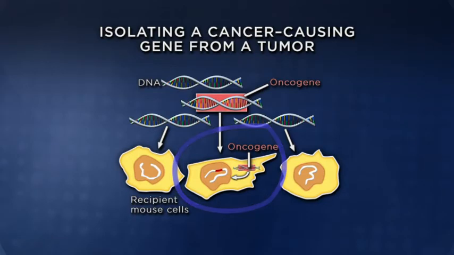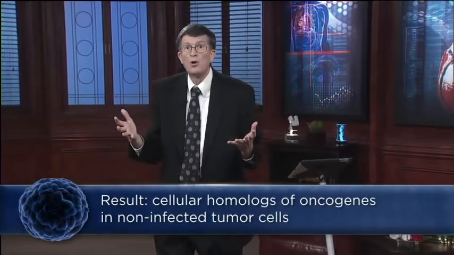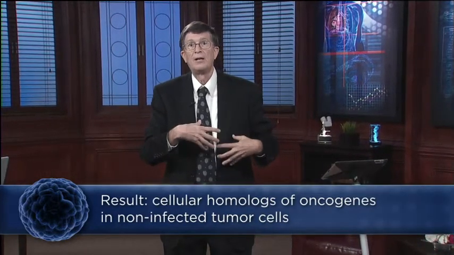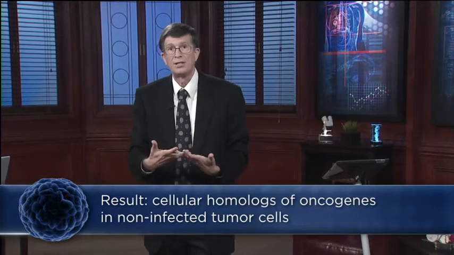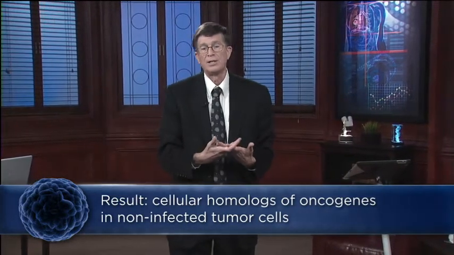Piece number 2, etc. And when people did this, they actually isolated cancer-causing genes from tumor cells. So the result of these two approaches was that there are cellular homologs of oncogenes in non-infected cells. That is, they are normal cells in the body.